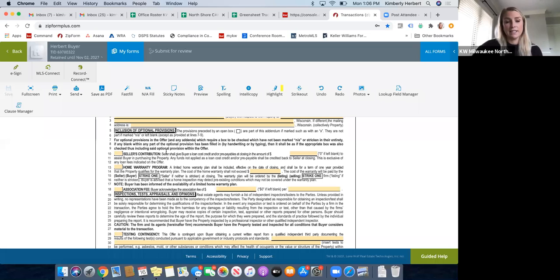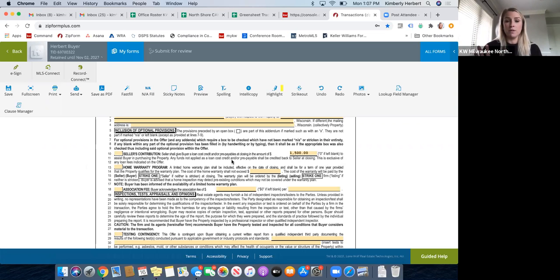However, as it says on lines 7 to 9, if there's a value here or a deadline or a date included in the line, even though this box is not checked, it is deemed to be included as a part of the offer.